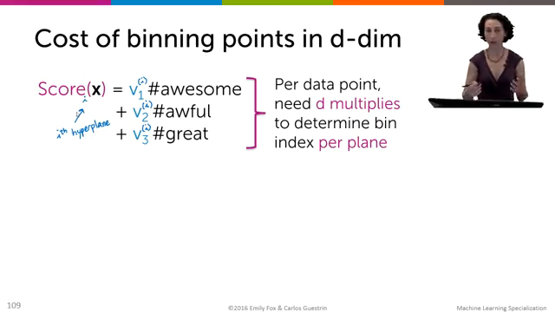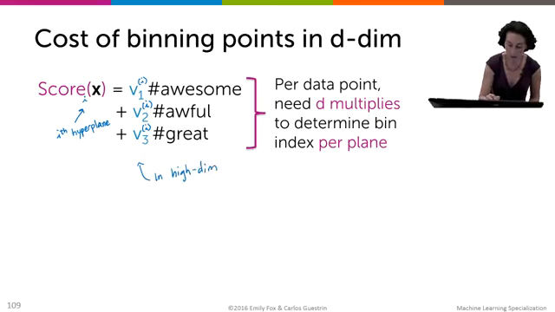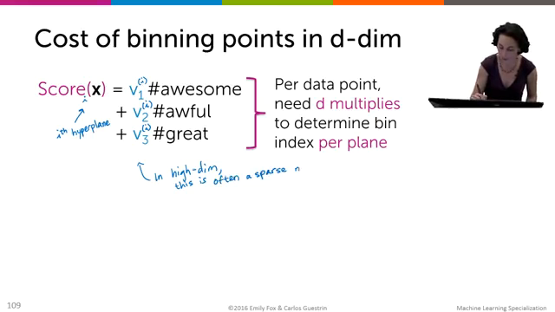Okay, so there is some cost to doing this, but one thing that I want to mention is that in high dimensions and some applications, this is often a sparse multiplication that we're doing.